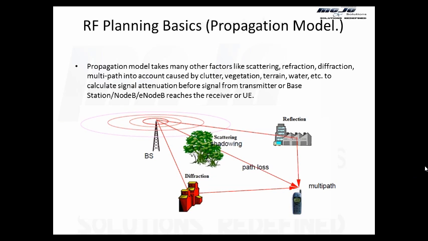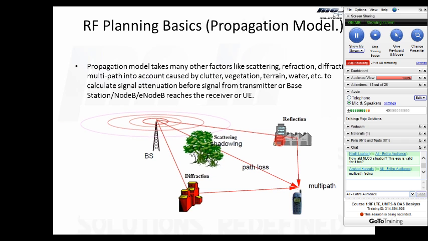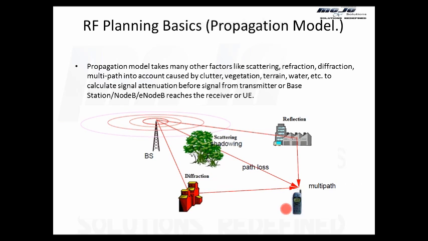Multipath fading. Okay, now what is multipath fading? Fading basically happens when there is multipath. Now, if the signals at the receiver do a constructive interference, it will gain.